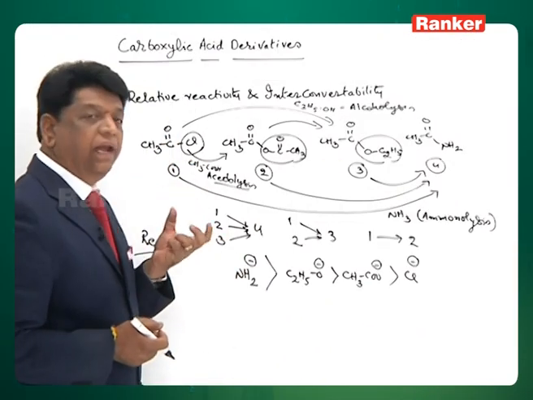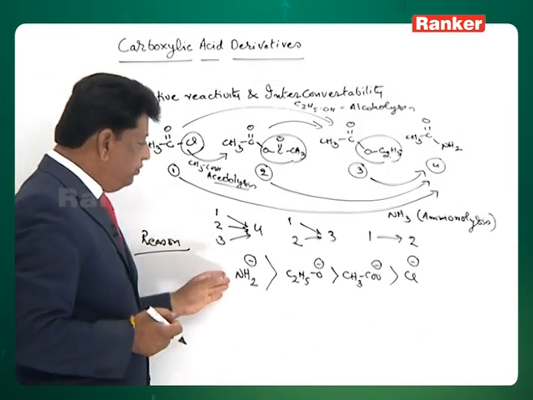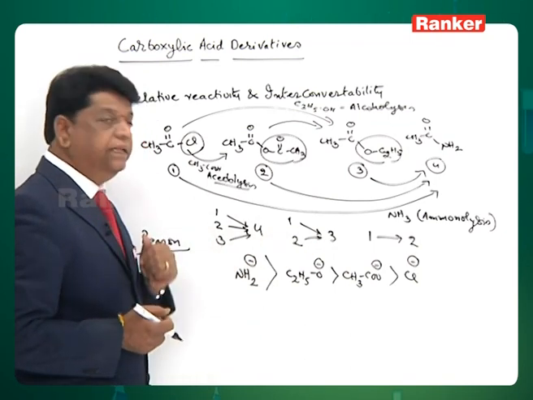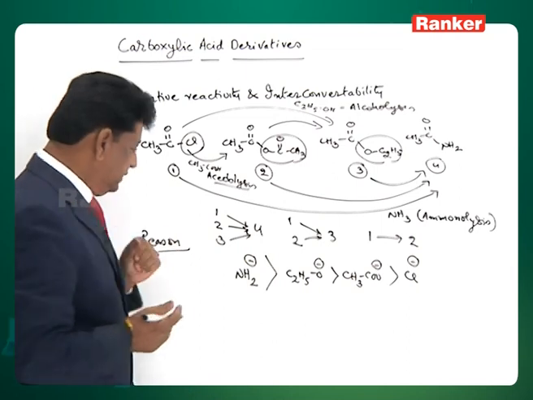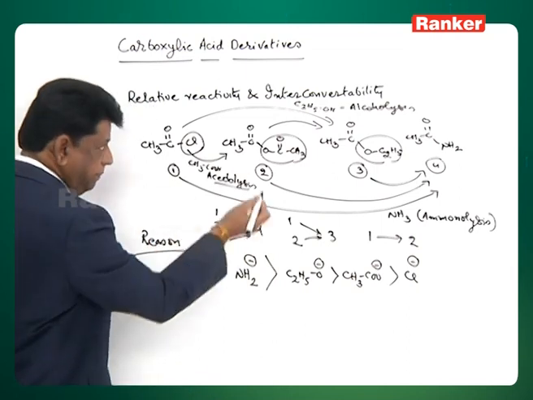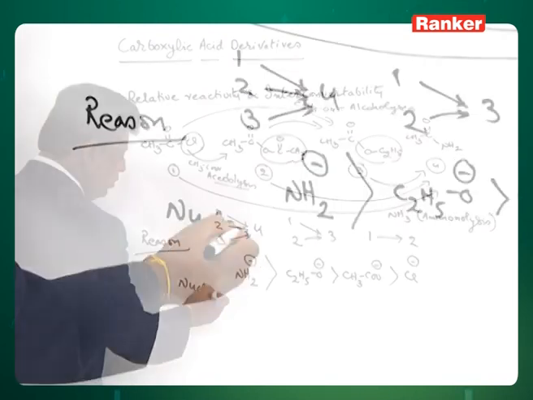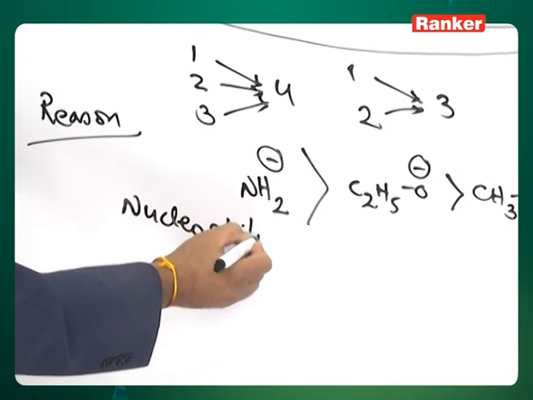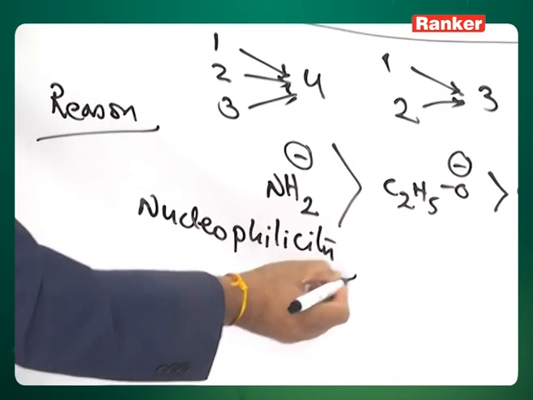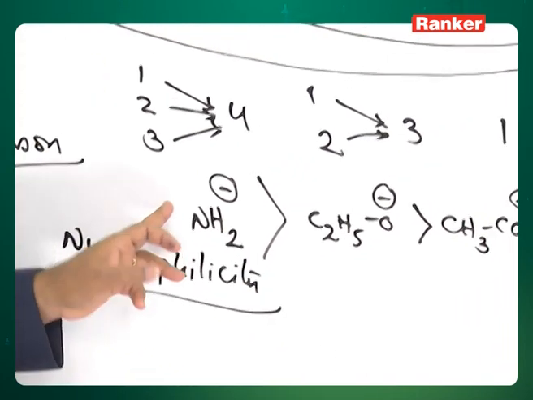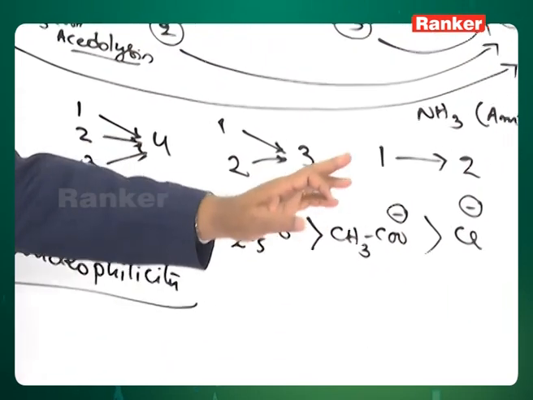So, which group can replace which: if these 4 anions are given and you are asked to arrange them in their nucleophilicity, this order is called what? Replaceability order, or nucleophilicity. The order of nucleophilicity is like this. NH2 minus is a stronger nucleophile than this one.